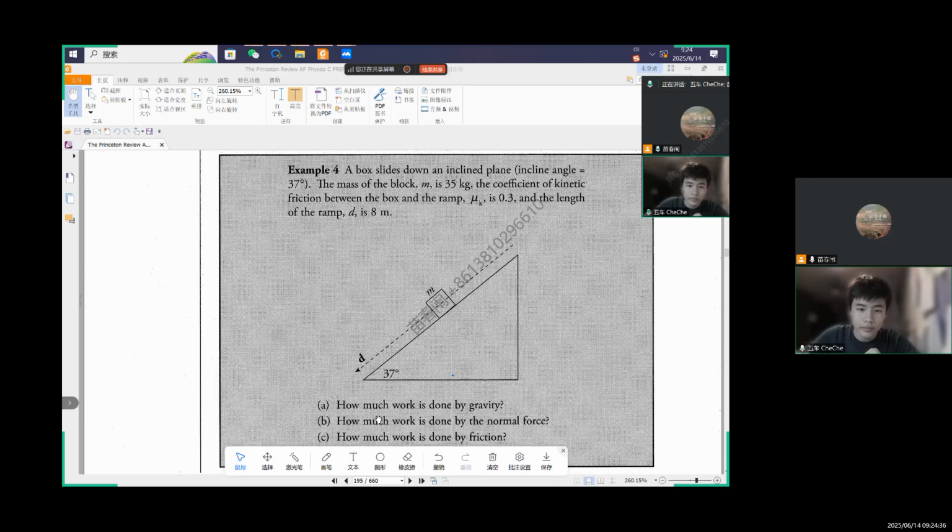That's the right term, because later we'll find several works together. It's asking for the speed. Work total is just gravity.